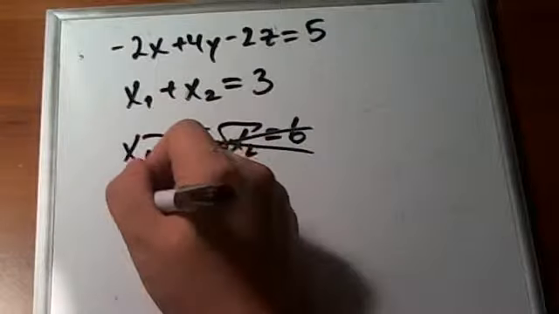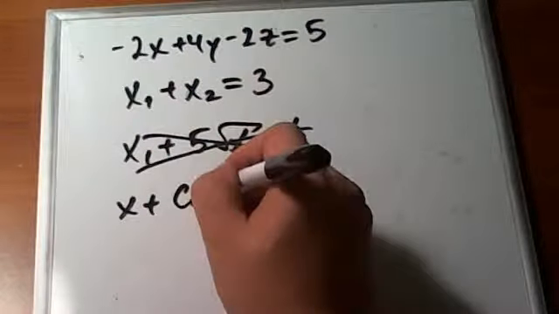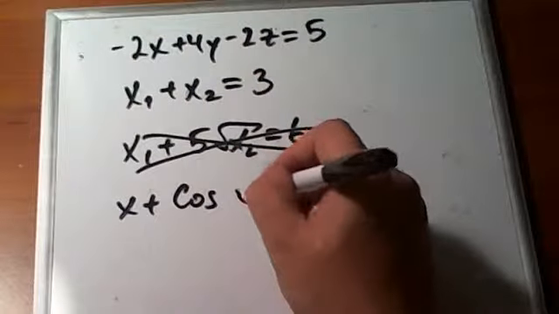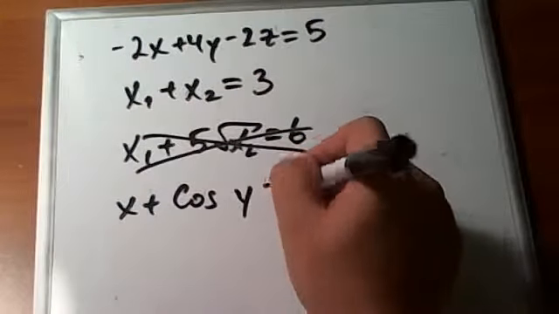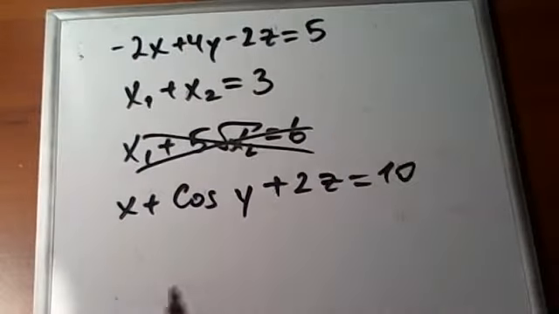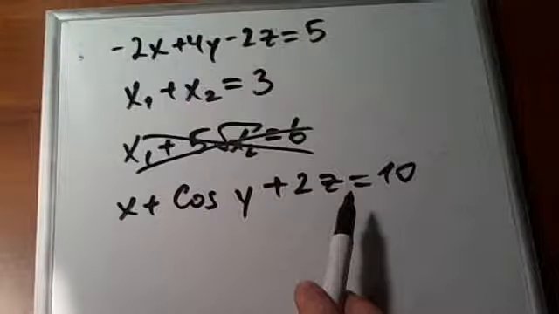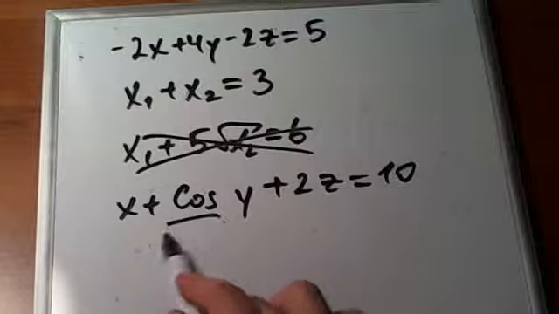Let's say x plus cosine of y plus 2z is equal to 10. Let's look at this one. Do you think this equation is a linear equation? You're right, it's not, because of the cosine.